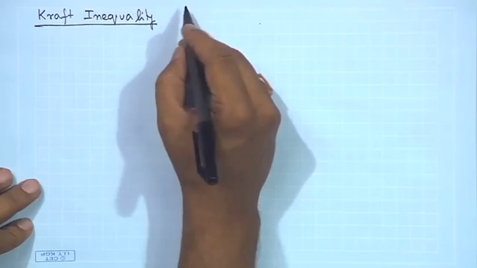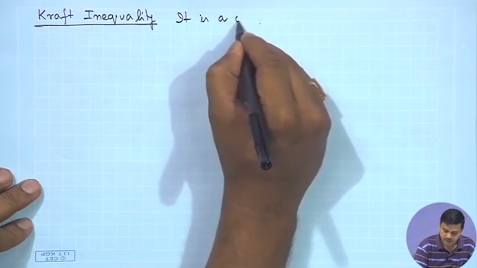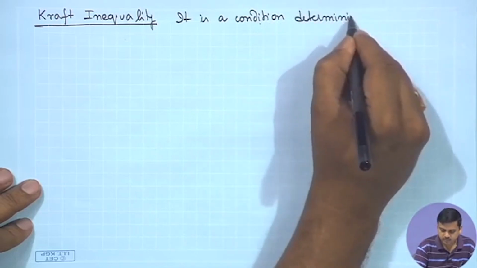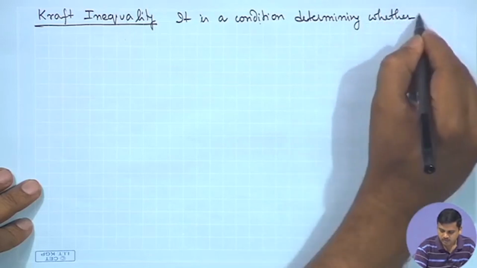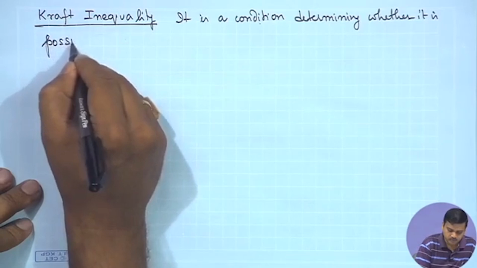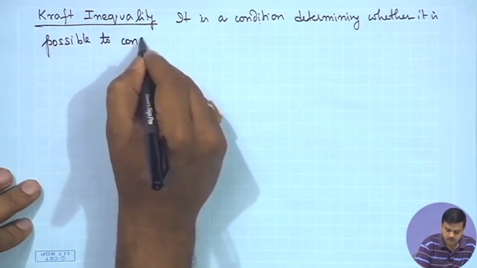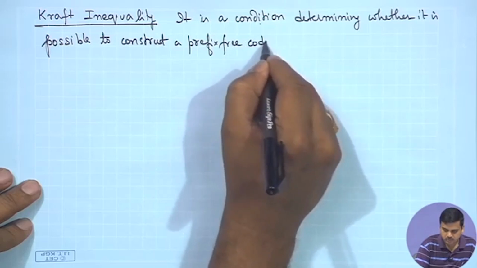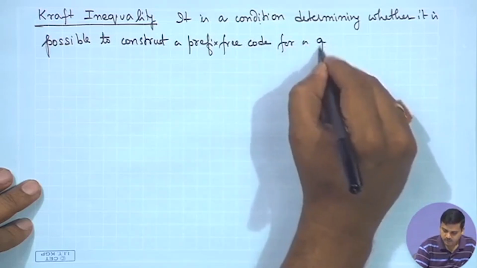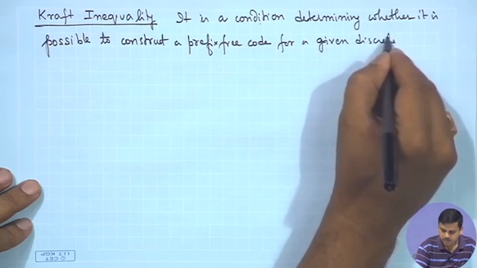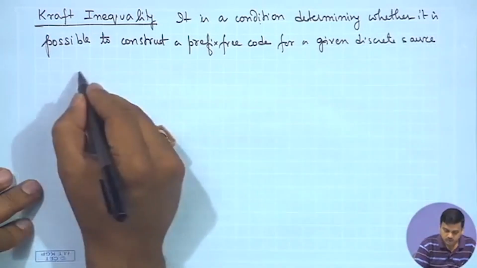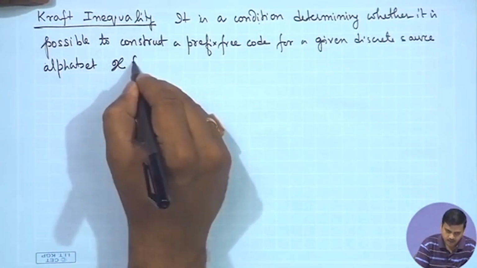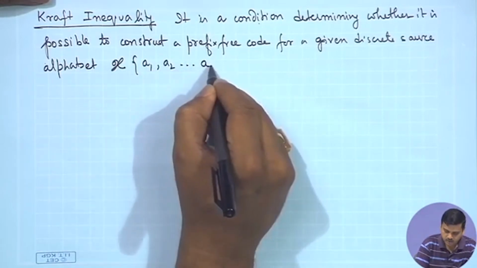So, we can write down that it is a condition determining whether it is possible to construct a prefix free code for a given discrete source alphabet X with symbols, let us say A1, A2, up to AM.